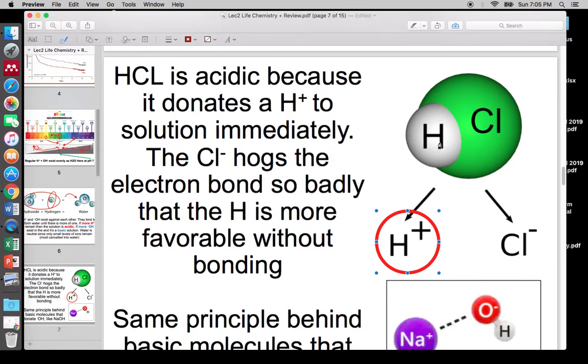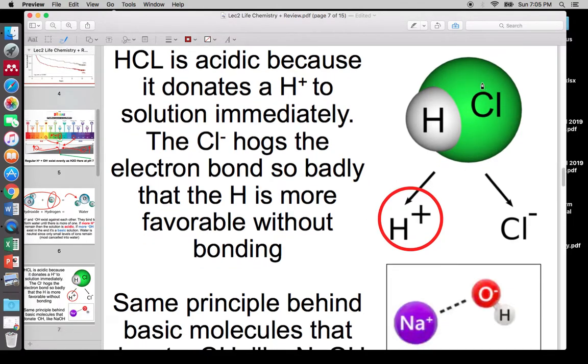Anything is an acid that is going to shed this into solution. And that's what happens here with this chlorine: it basically just steals that extra electron, visualized here with that negative sign, and then it just exists fine. It doesn't need to bind anything, so it just kicks out this hydrogen over here.